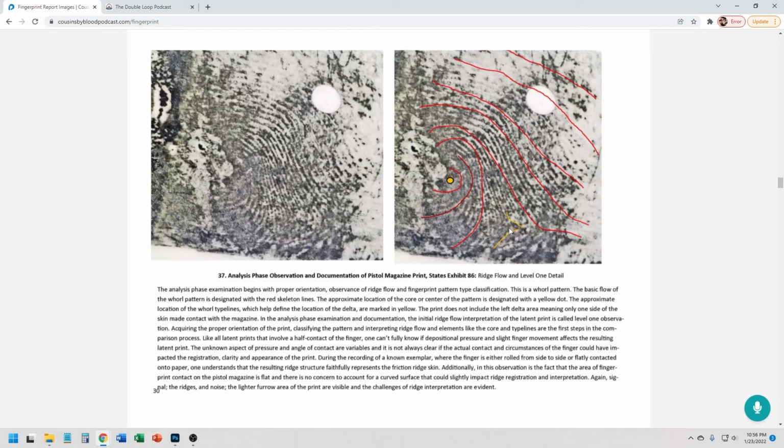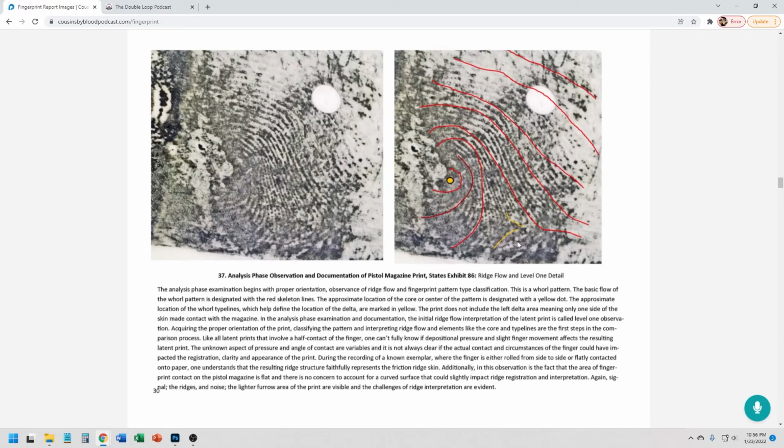Right. But the big thing is the delta. He's got it marked in the same place we had it marked, where we had initially presumed it to be during analysis. Again, not surprising, like we talked about, there are some smudges and some distortion down here that give the appearance of ridges running perpendicular to these, but they're not true ridges.